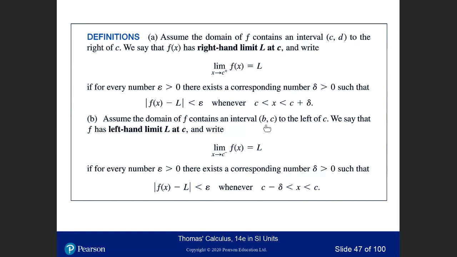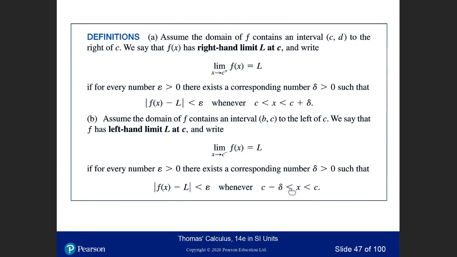Now the left-hand limit is similar. We say f has left-hand limit L at c if for every epsilon greater than 0, you find alpha greater than 0 such that this holds within this interval. Now, these are the values less than c.